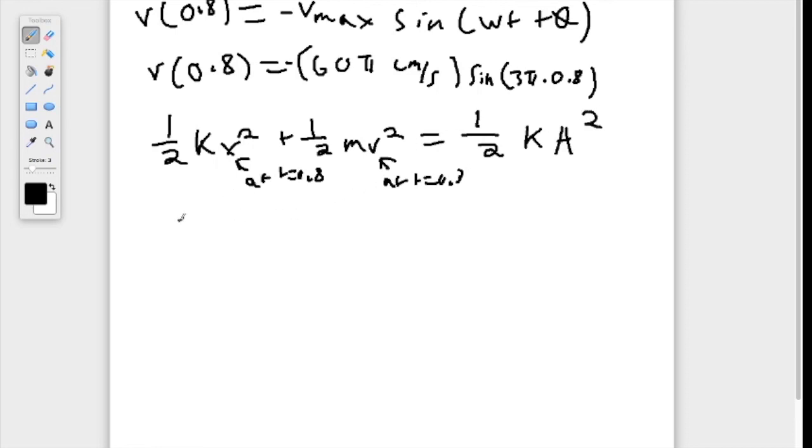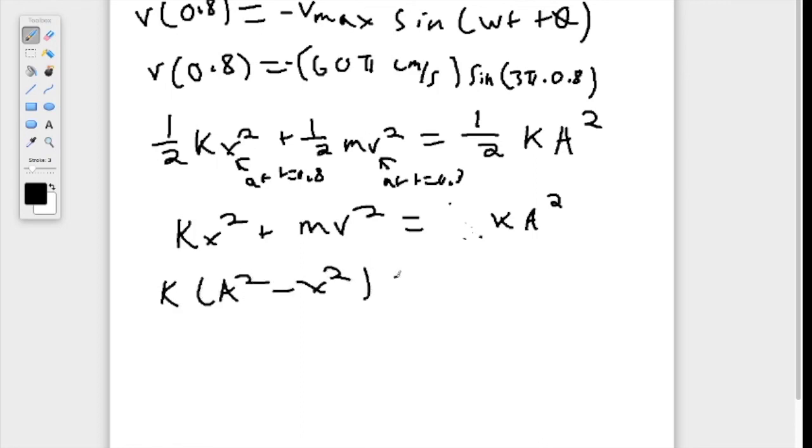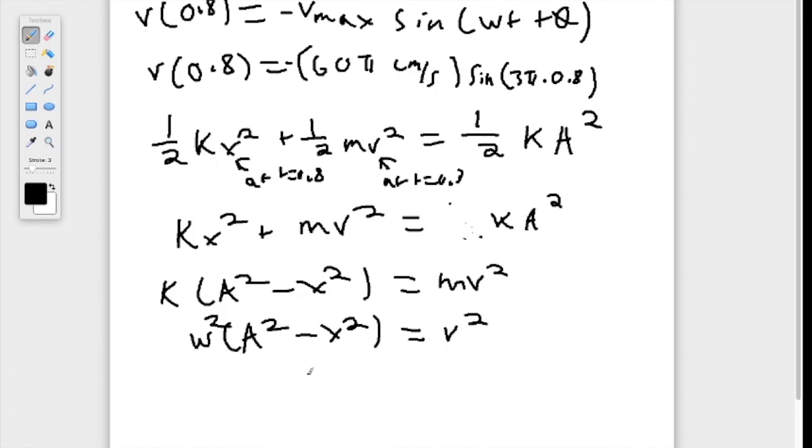So k x squared plus m v squared equals k A squared, and then you get k times A squared minus x squared equals m v squared, and you get omega squared times A squared minus x squared equals v squared, and then you get v equals omega times the square root of A squared minus x squared.